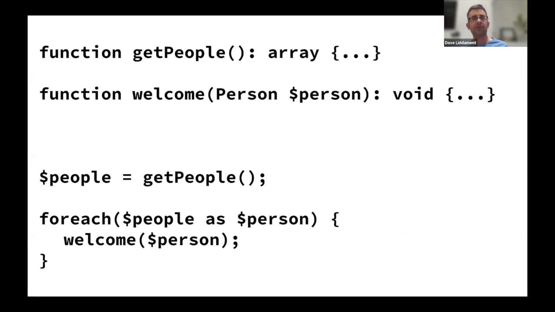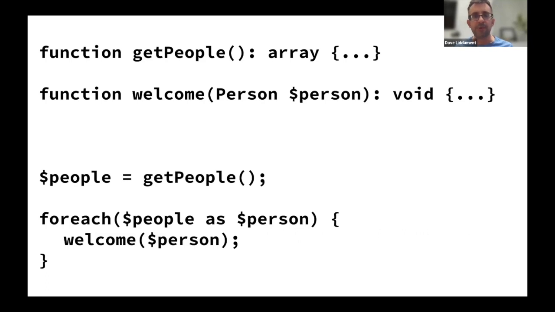But what you cannot do yet in code like this is, suppose we have a function called getPeople. We can say that it returns an array, but we can't say at a language level what the contents of that array are. So if we have code like this, we've got the welcome method, which takes a person, and you can see we get the people, we iterate through the people, and we pass each one to the welcome function.